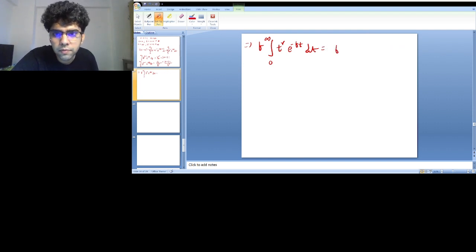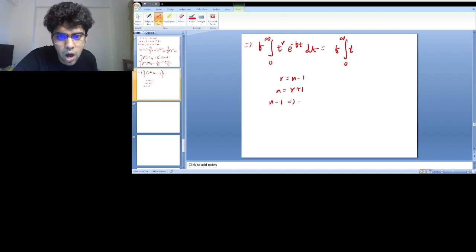So this becomes b, and now I can write this as 0 to infinity t to the power r. So r is equal to n minus 1, n is equal to r plus 1, so n minus 1 becomes r plus 1 minus 1, essentially the same, e to the power minus bt dt.